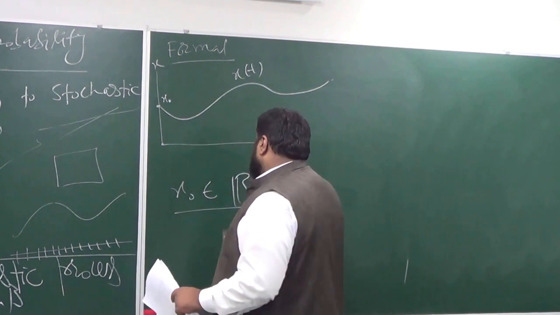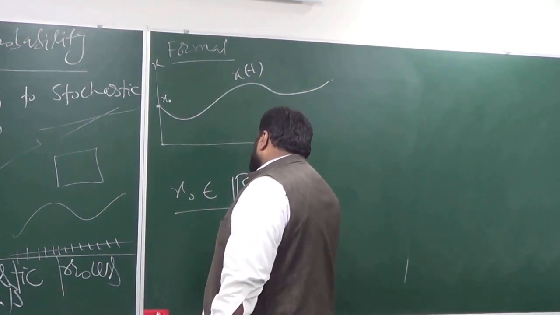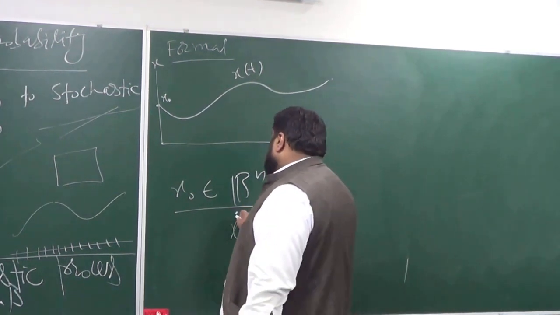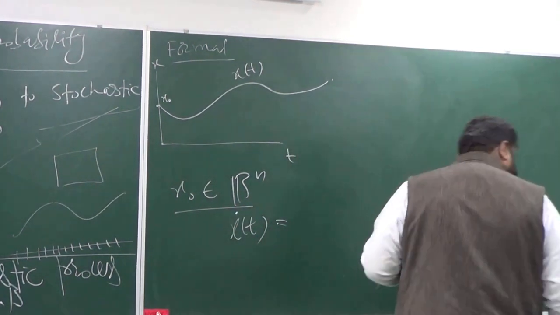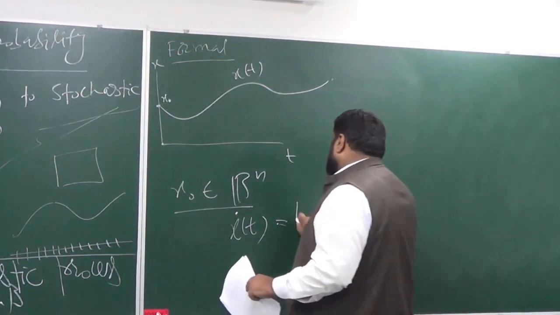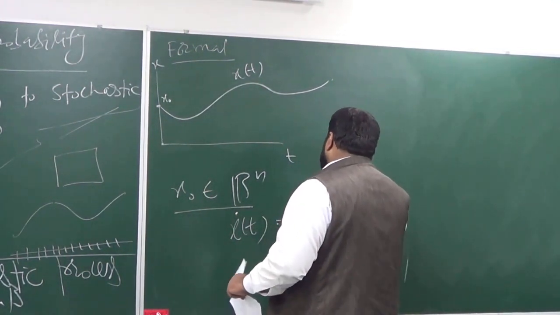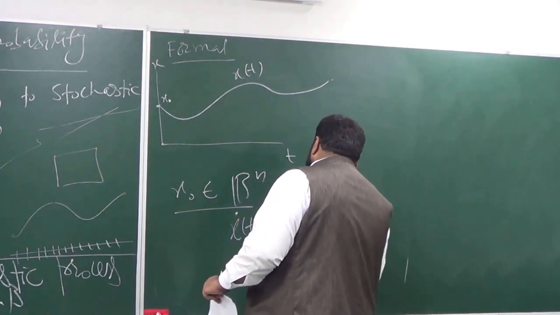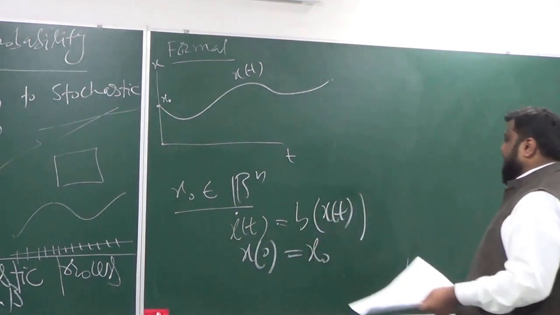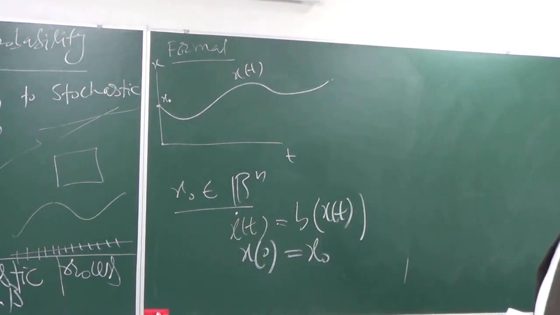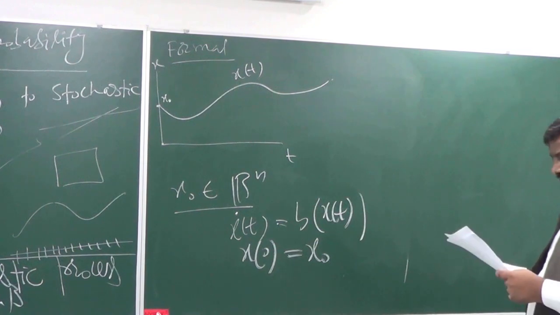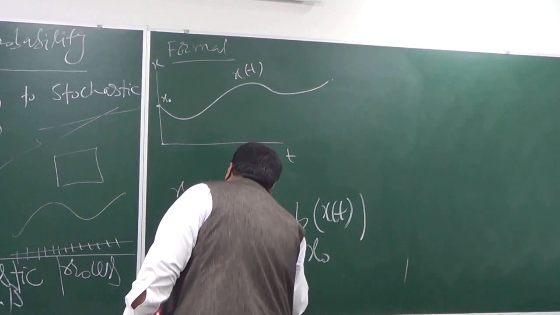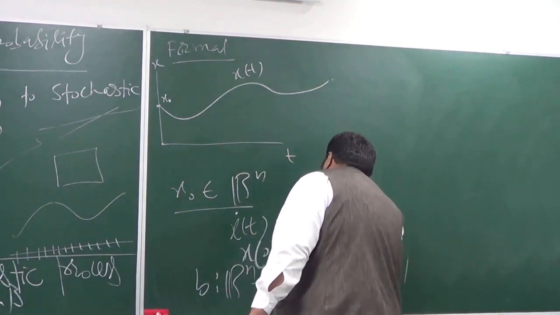The evolution of a particle that has such a trajectory can be written by, for example, a differential equation: x dot of t is equal to v of x of t, subject to the initial condition x of zero equal to x naught, where v is a vector field from R^n to R^n.